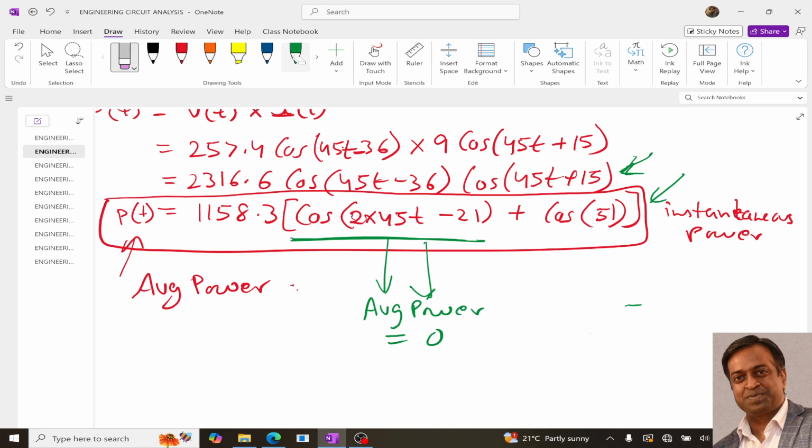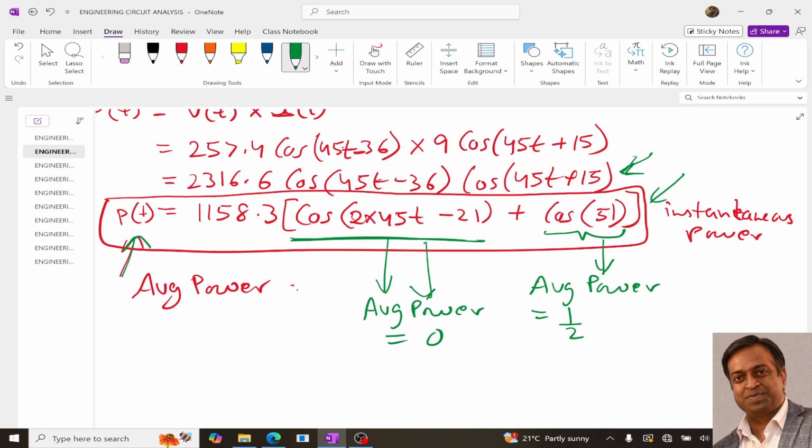So the overall average power will be contributed only by the constant term, and its average power is expressed as half of Vm into Im.